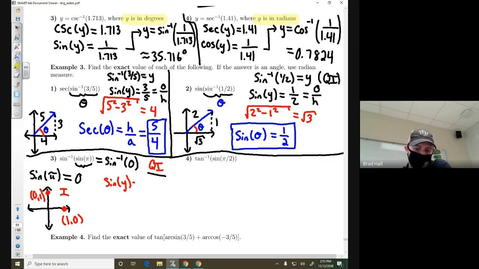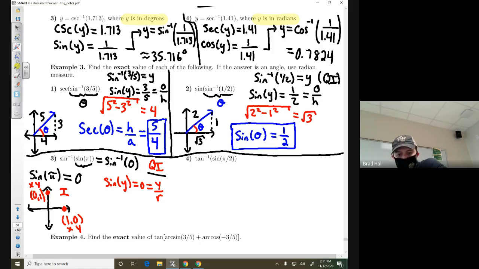sine of y is equal to 0. Or if you could just figure out what angle gives you sine of that angle equal to 0, you could just skip this whole process outright. But this is y divided by r. This is x and that's y.